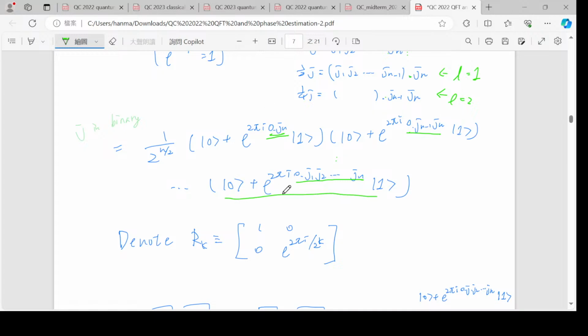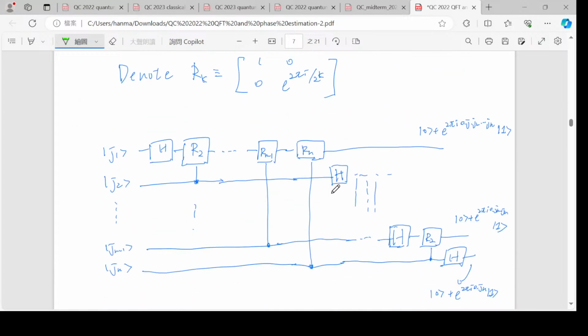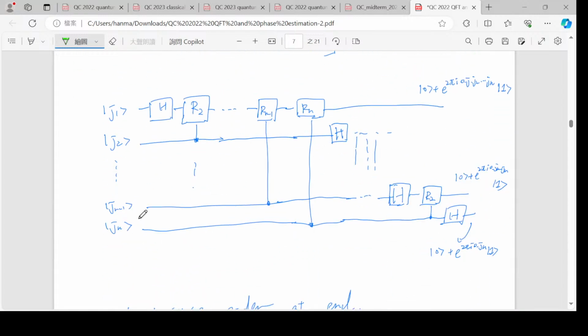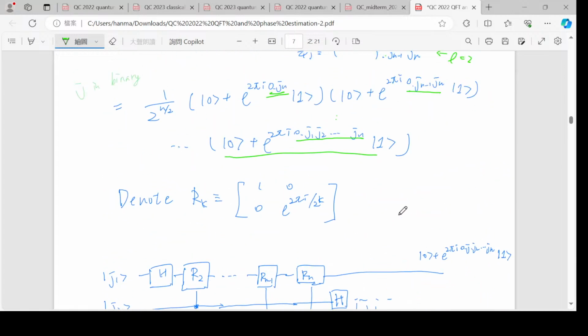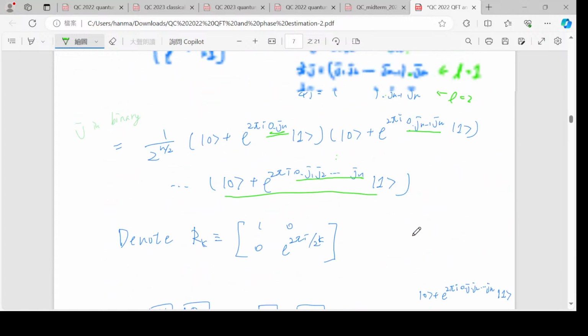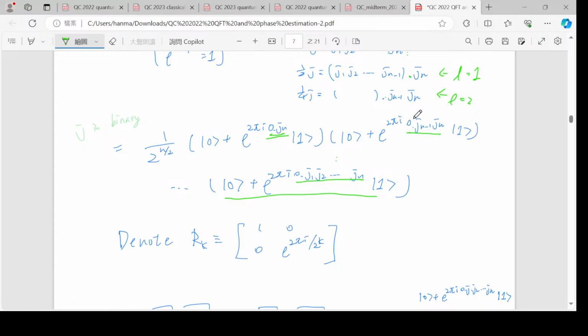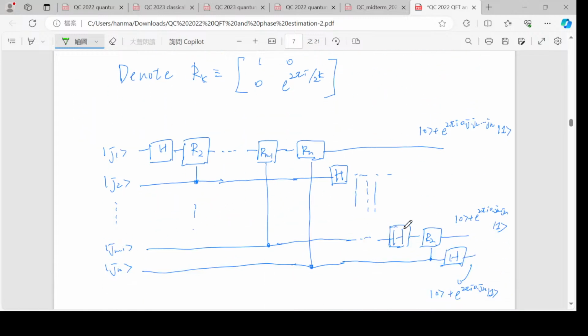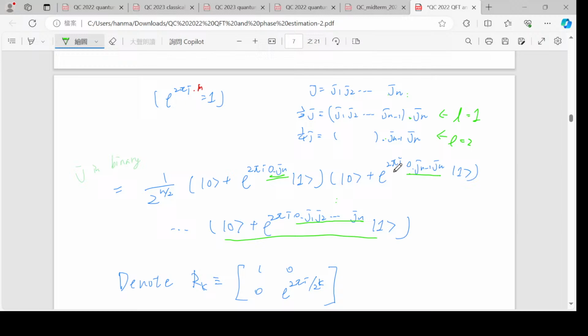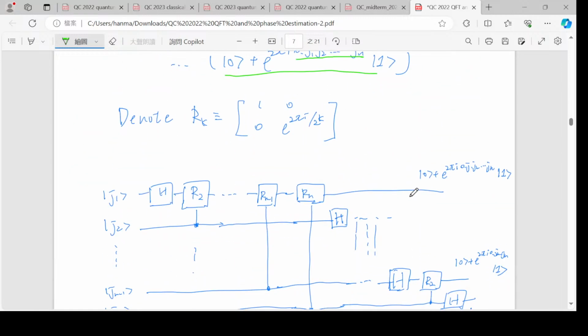Okay. And then similarly on the second qubit we do Hadamard and we do more controlled rotations, etc. All the way to the second last qubit, we do Hadamard to make it into, okay, so it's j_{n-1}. So we do Hadamard, it will become e to the 2 pi i 0.j_{n-1}.